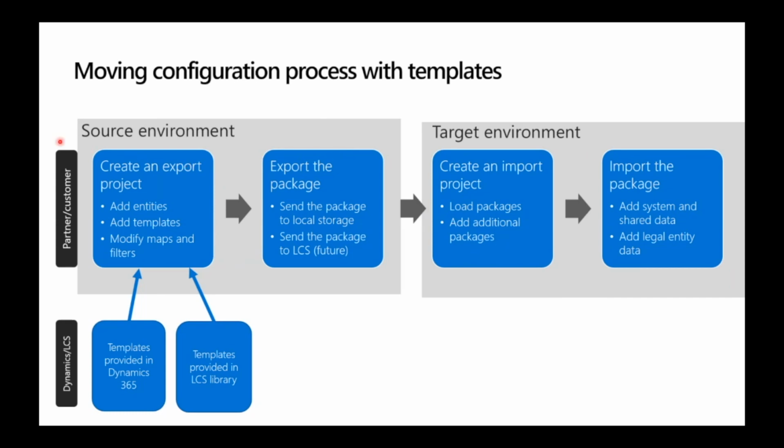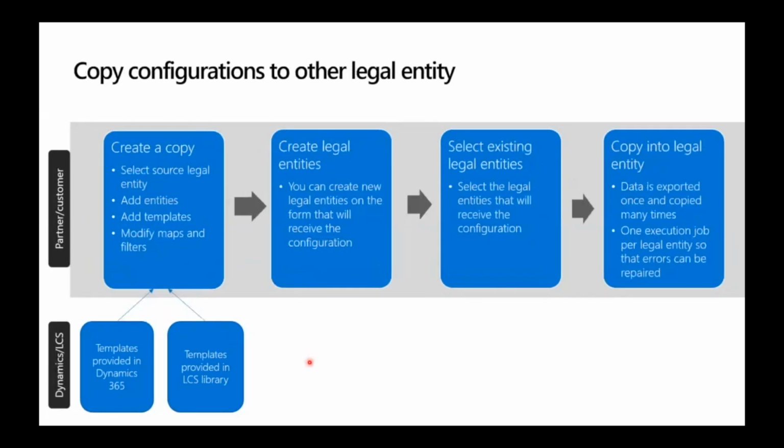If we're going to copy between legal entities, it's a little bit different. You would create a copy project. And basically, the first thing you're going to do in that project is select the source legal entity.